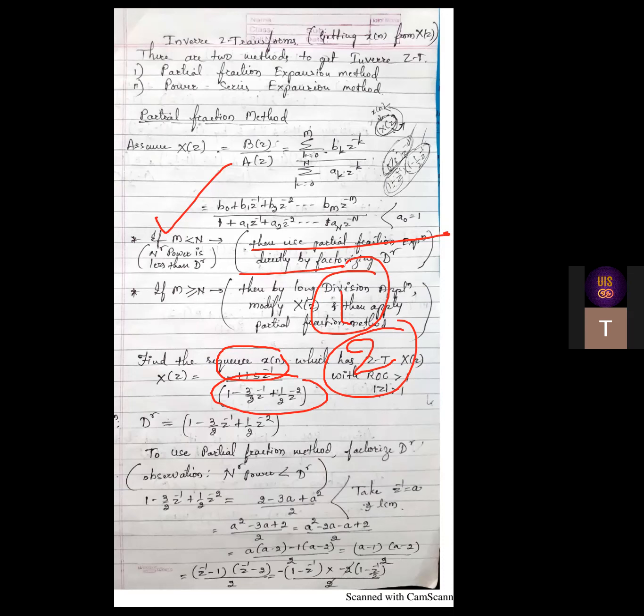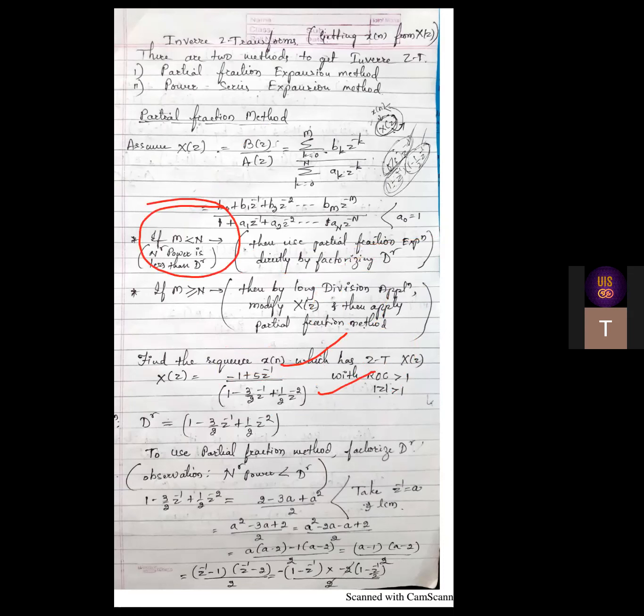For any quadratic equation, you find the roots and you find the factors also. So just like that, as first condition is getting satisfied here, we can directly go for partial fractions. So denominator should be factorized. So this is the observation, numerator and denominator, and the first condition is getting applied.